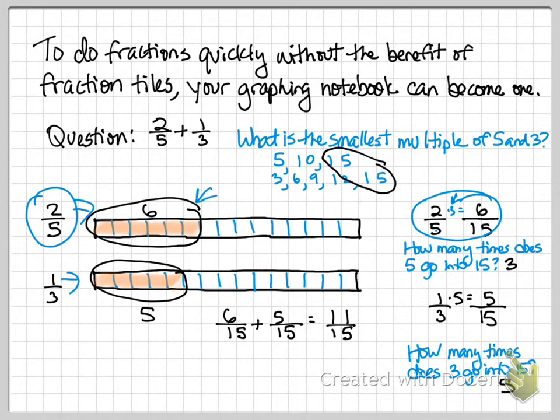My fraction shown here is 6/15. I repeat the same procedure below with 1/3. 3 goes into 15 5 times, and 1 times 5 is 5. I then shade 5 of these little squares. I can then add 6/15 plus 5/15, and I get 11/15 as my final sum.